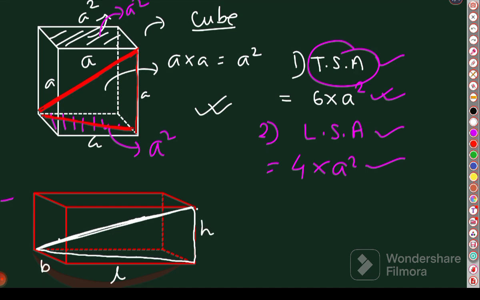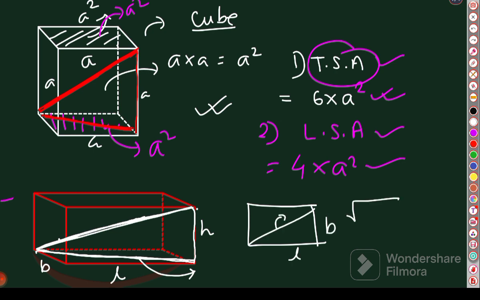So what will be this diagonal length? If it is a rectangle, this is L, this is breadth, then this will be root over L square plus B square.